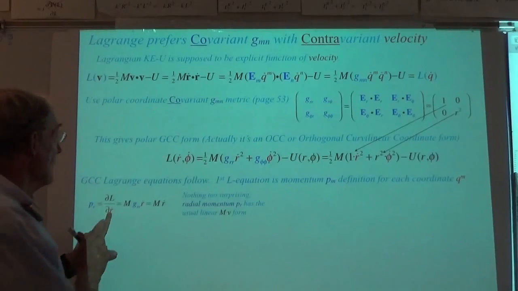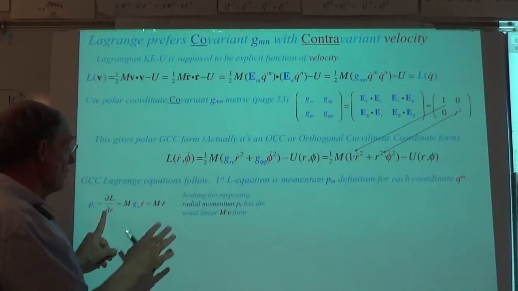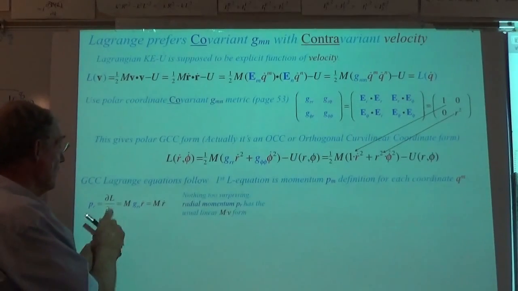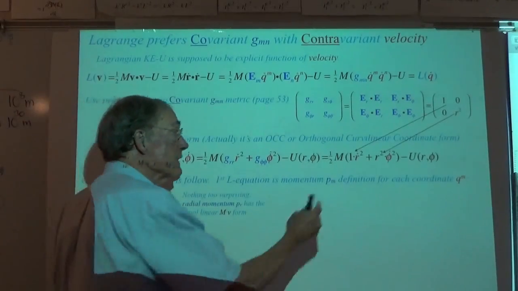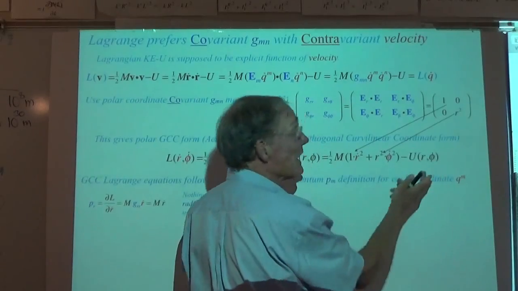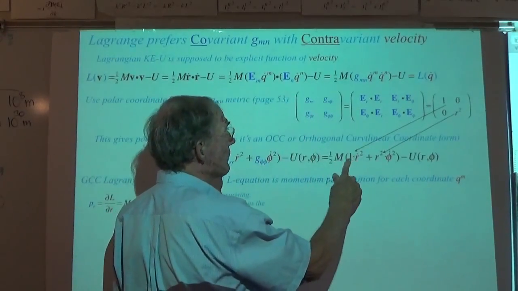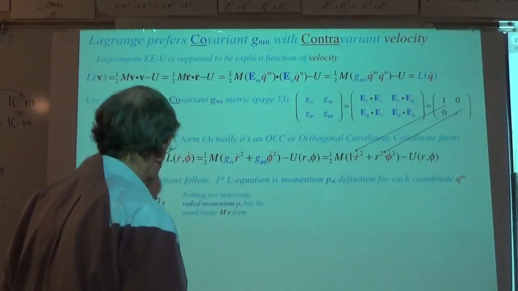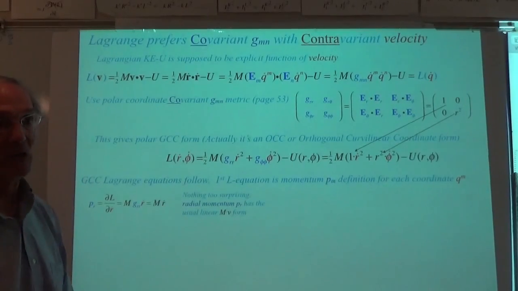And remember, when you're taking a partial derivative with respect to r dot, all the other variables in this thing, coordinates, phi dot, they're all not going to move. This is implicit to keeping them all constant, you see. So I'm not going to get anything from this, I'm not going to get anything from this, because there's no r dots in there. It can't be for this to work. And I'm only going to be seeing this term right here, and so the 2 cancels the 1/2, and I'm off to the races with what we know is momentum, mass times velocity in the radial direction.